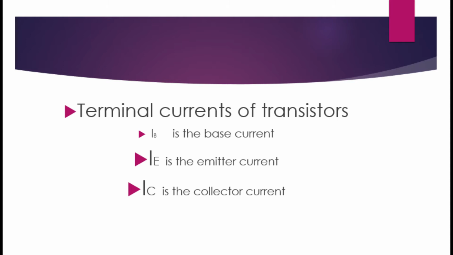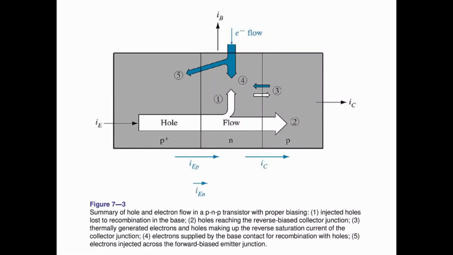If we move back to our previous lecture and just concentrate on the figure in which we constituted the PNP transistor, we saw that holes were traveling from the emitter to the base, and then from the base they move to the collector. The emitter-base circuit was forward biased and the collector-base circuit was reverse biased.